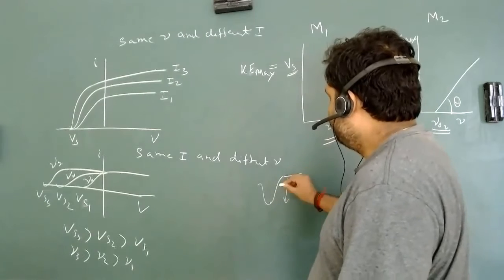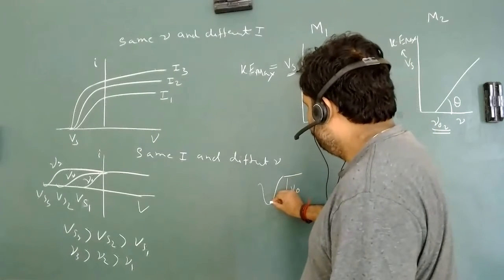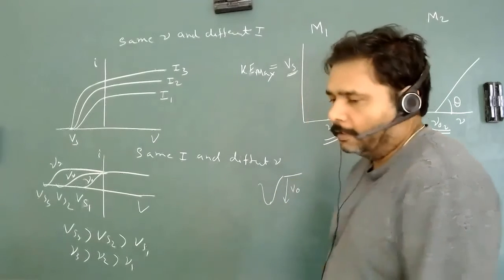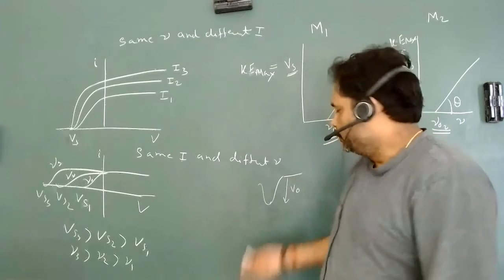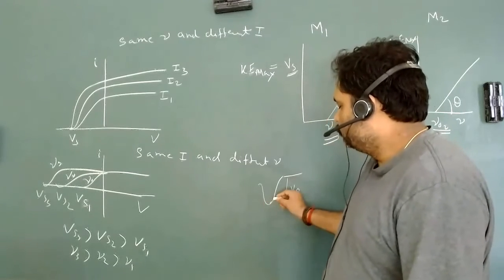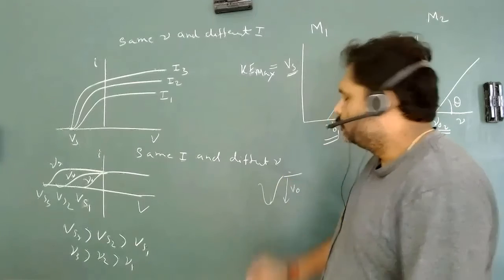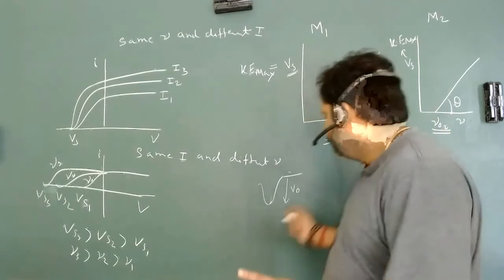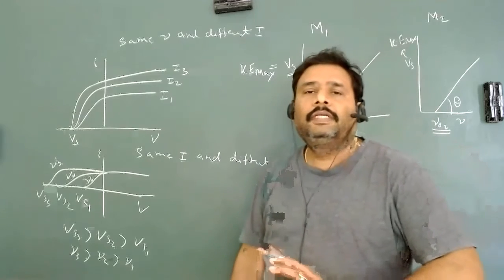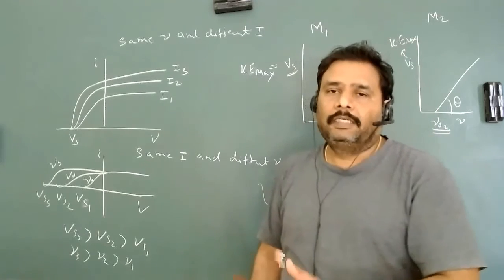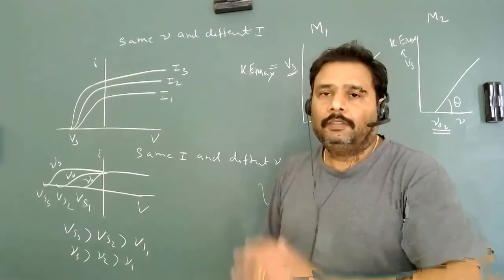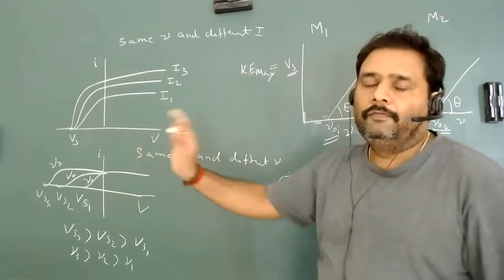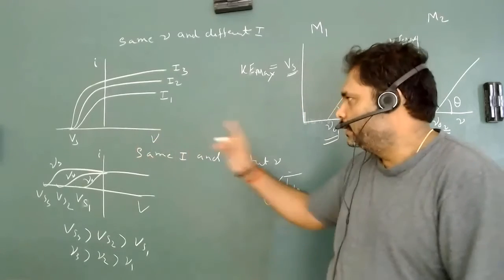This electron will come out when it gets the minimum potential V naught. Suppose somehow we can give this energy to the electron; if it has energy V naught or more, it can come out of the valley and become free, and then current will be produced.